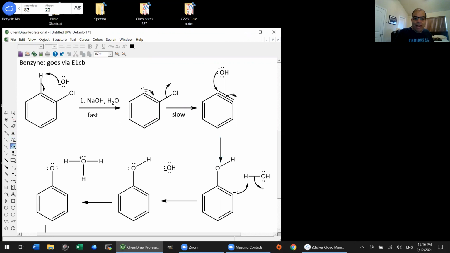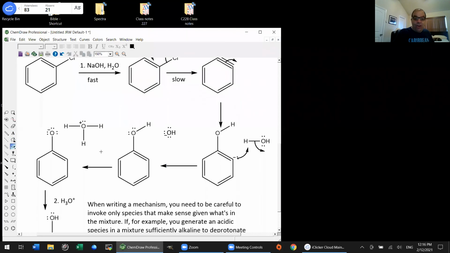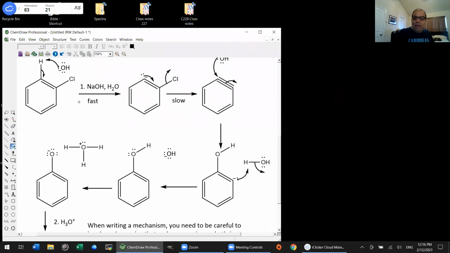But once we get through to this point, of course, our carbanion will very quickly pick up a proton from water, since that's pretty much all we have available. And for a moment, in this particular case, we've generated our product. And so we're done, right?